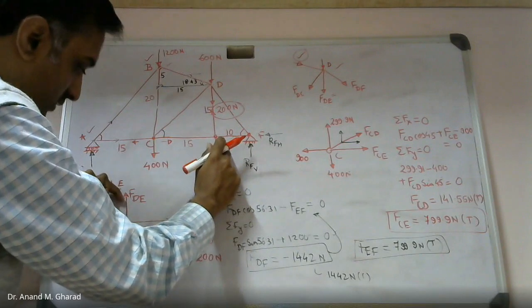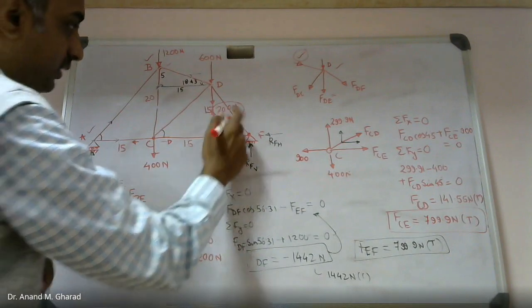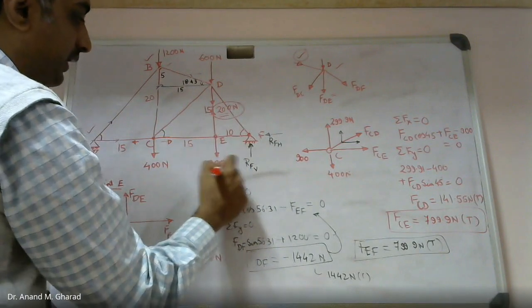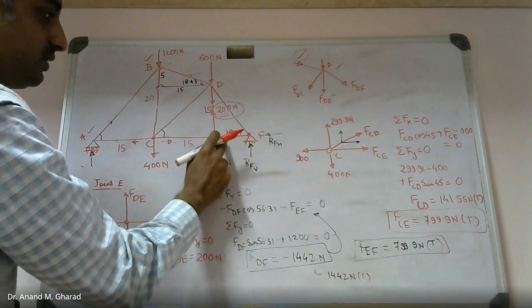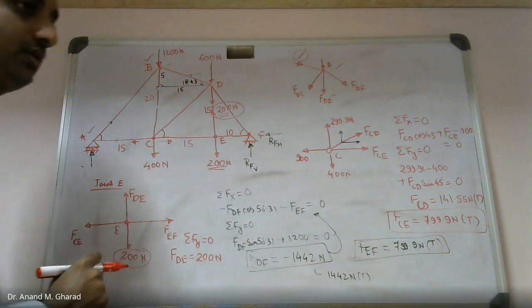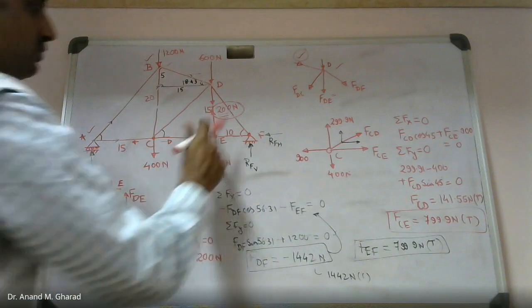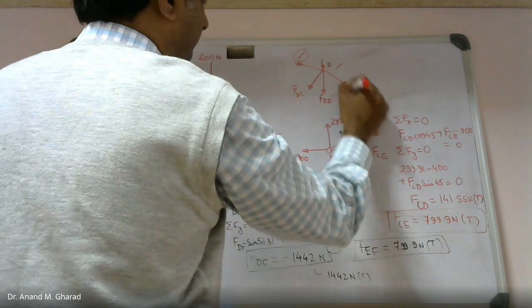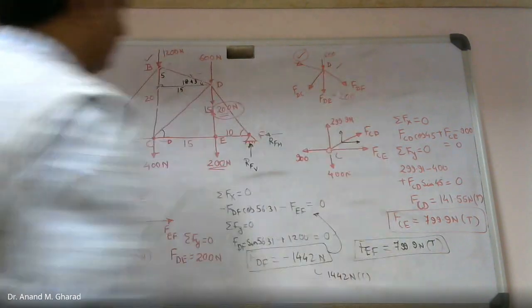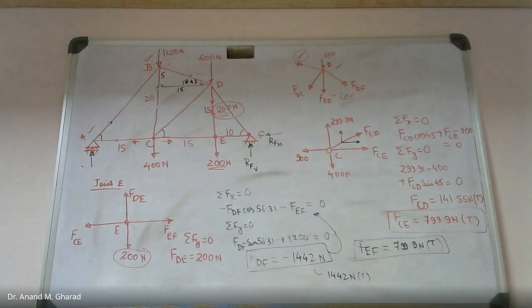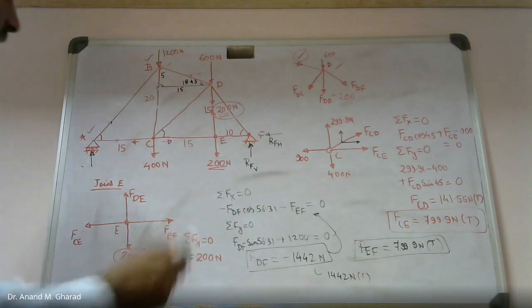So the force in this perpendicular member shall be the same as the magnitude attached at joint E. So this will be 200. This is how you are supposed to identify the different forces in members depending on different situations.